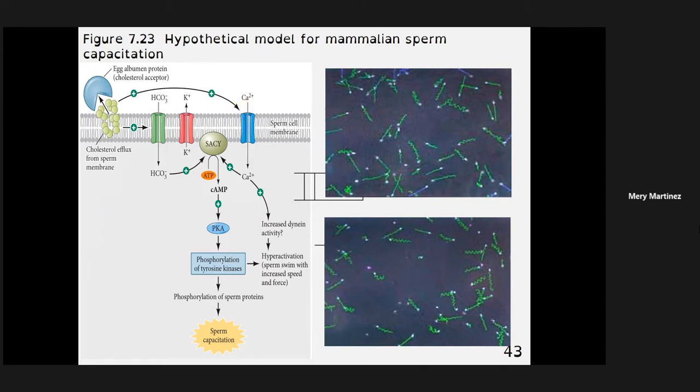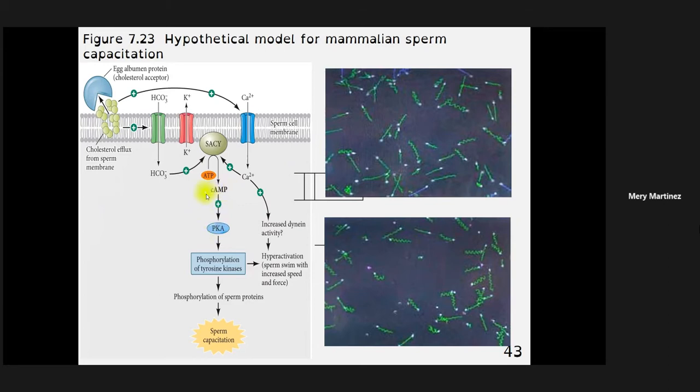These two ions, bicarbonate and calcium, will activate something that we call the SACY. The SACY simply is an activation of adenylate kinase. Adenylate kinase, excuse me. This activation of adenylate kinase causes an elevation of the cAMP, the cyclic AMP.